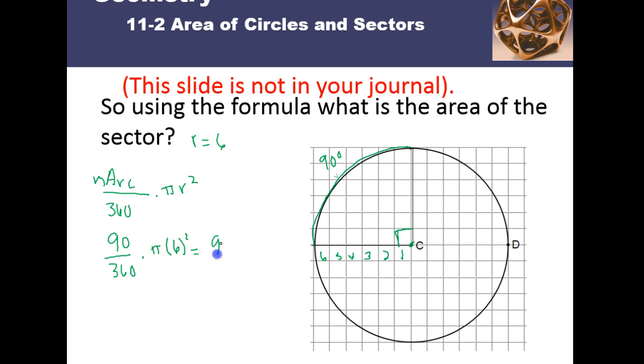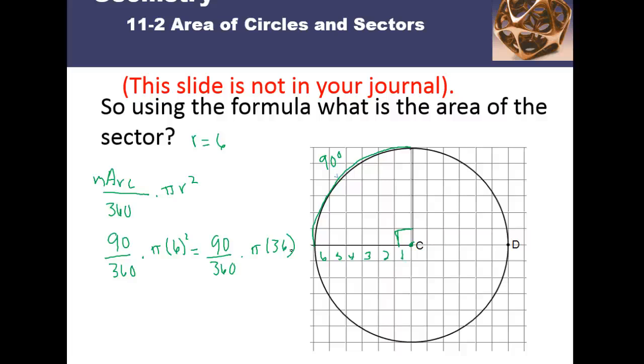And 6 squared is 36, so I have 90 over 360 times pi times 36. Now on your calculator, you multiply all the numbers that are on top. The numbers on top are 90 and 36, so you're going to multiply those together. 90 times 36, and you're going to get 3240.